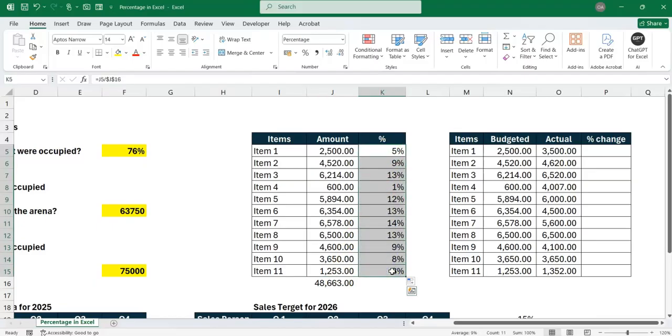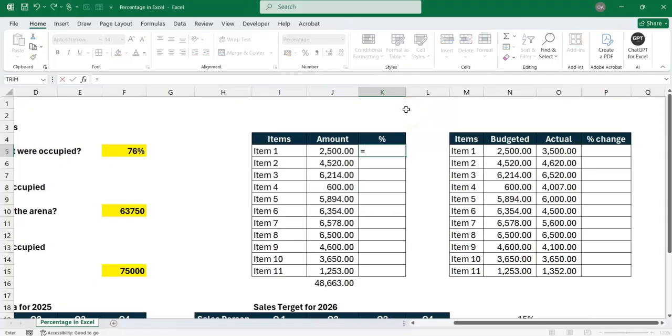That's one way of going about it. You can also use this formula by saying equals this amount, we divide it by, and we put our sum function.